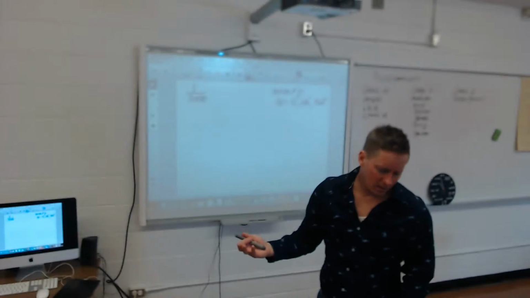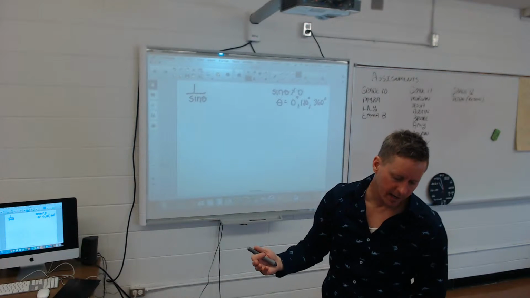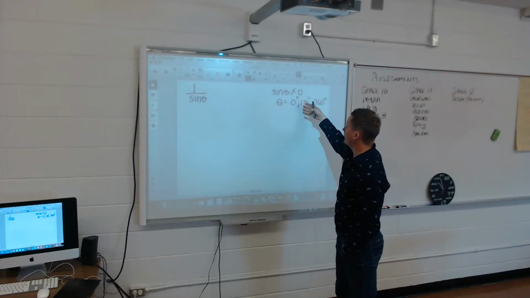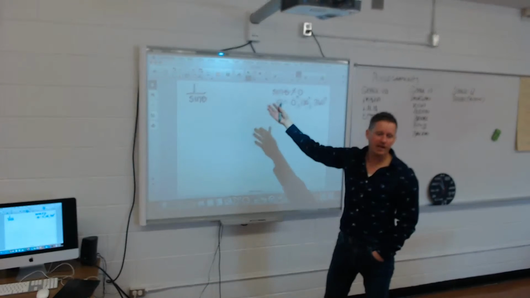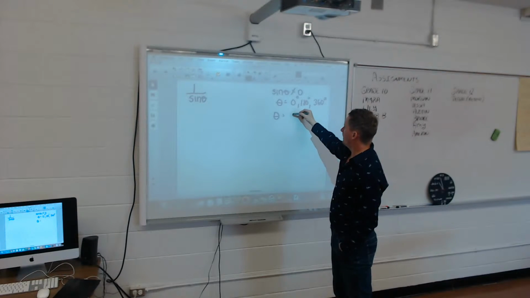So the non-permissible values in degrees for this equation would be all of this. Now that's for 1 rotation around the circle. I may have to explain it in terms of, all right, I just got to think this through here.